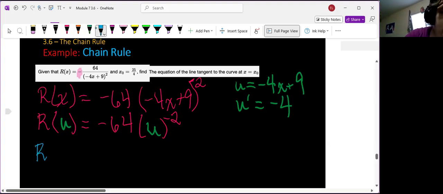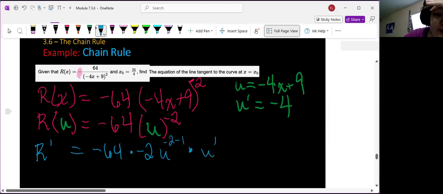So when I go ahead and work on r prime, I get negative 64 times power rule, negative 2 u to the negative 2 minus 1, which will be negative 3, and then times whatever u prime is.